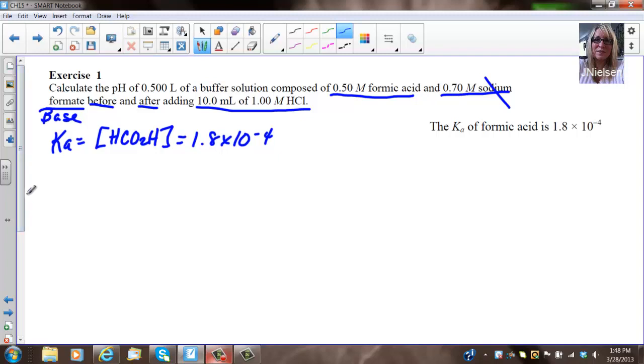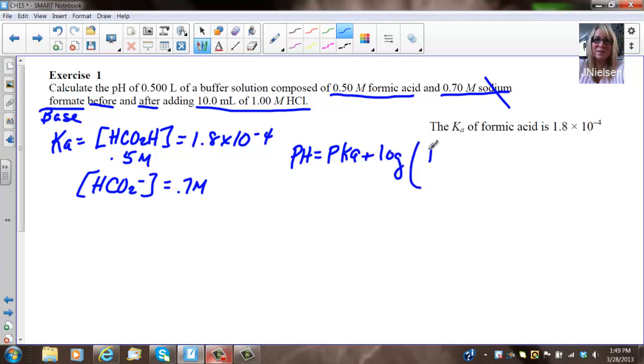So we have significant quantities of our acid. So we have 0.5 molar of this. And then our formate ion, HCO2 minus, we have equal to 0.7 molar. So we have an acid-base pair, we have significant quantities, so we can do Henderson-Hasselbalch. So pH is equal to pKa plus the log of the base over the acid.